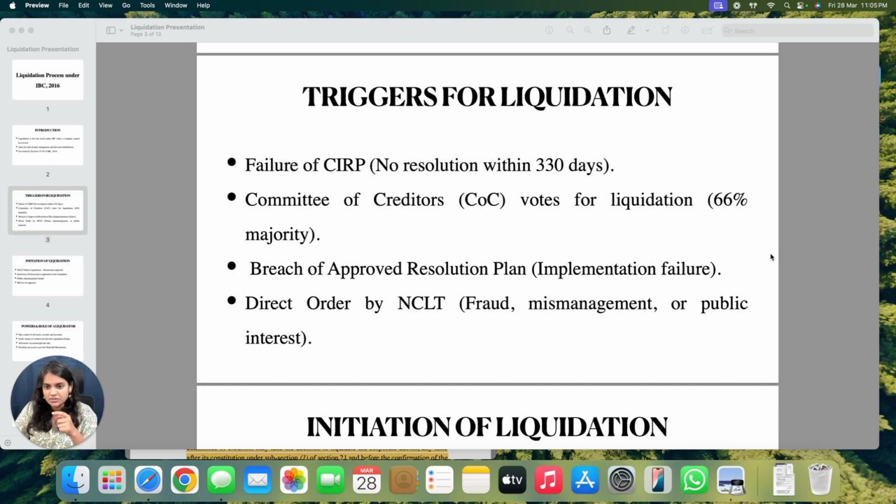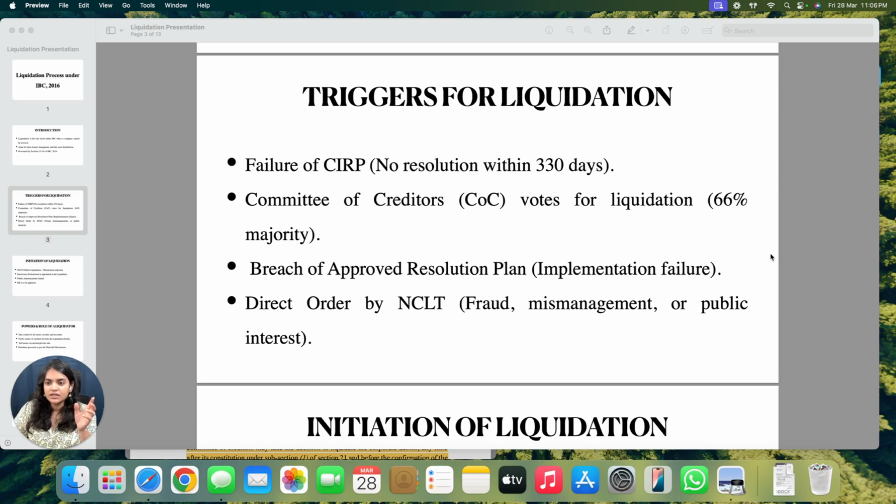As we have seen in the previous class as well, the committee of creditors need to take any major decisions, other than the withdrawal of the CIRP process, with a 66% majority. Even for approval of a resolution plan, the committee of creditors need to approve it with a 66% majority.